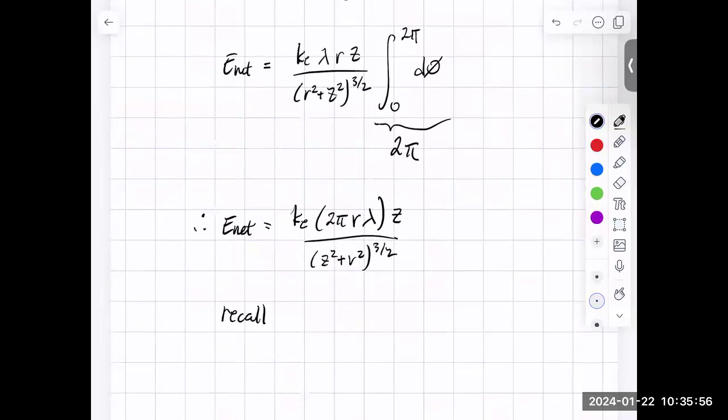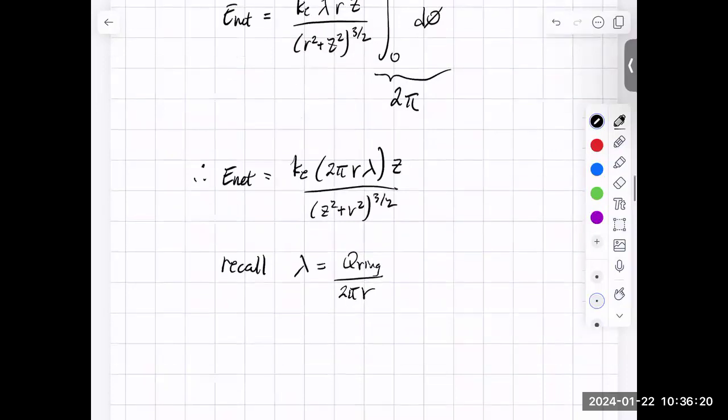If our ring has a total charge of Q ring, and its charge per unit length is lambda, and I multiply it by the whole length of the ring, what do I get? No, you get the total charge of the ring, right? So lambda is Q ring divided by 2 pi r. Therefore, 2 pi r times lambda is equal to the total charge of the ring.